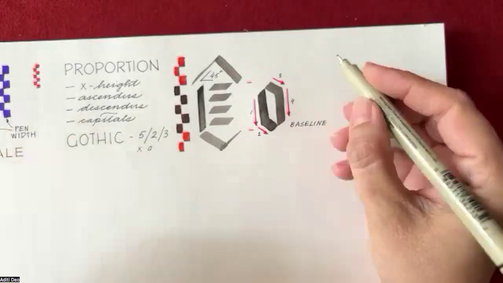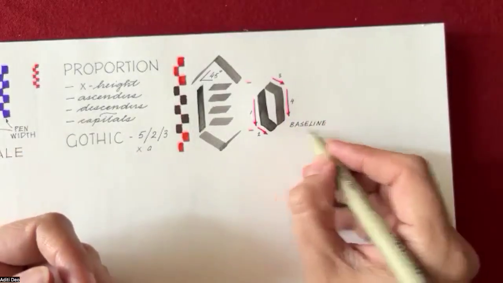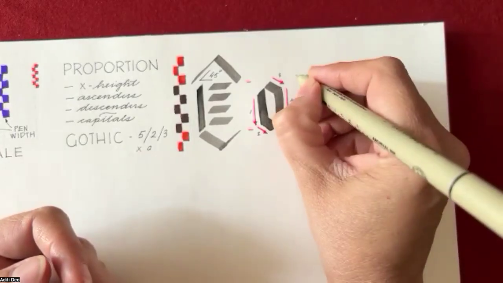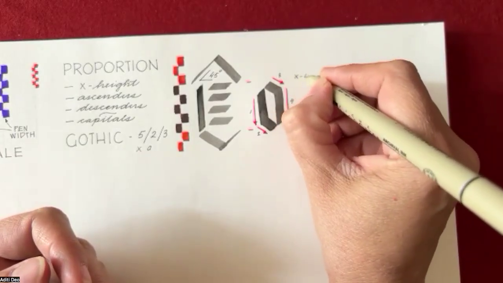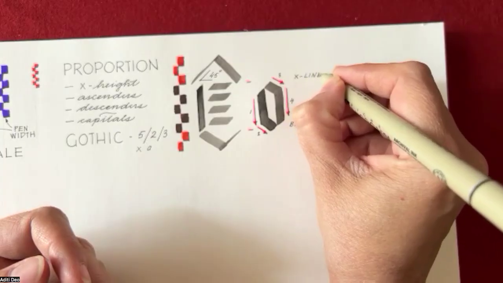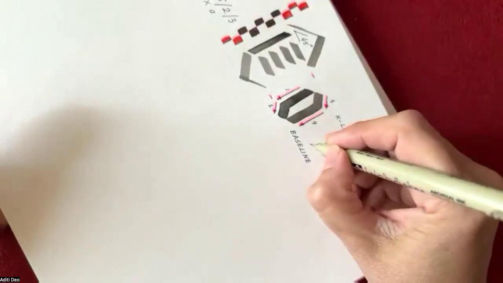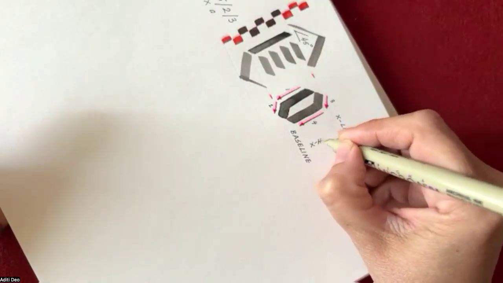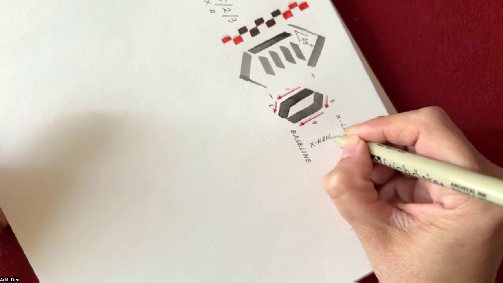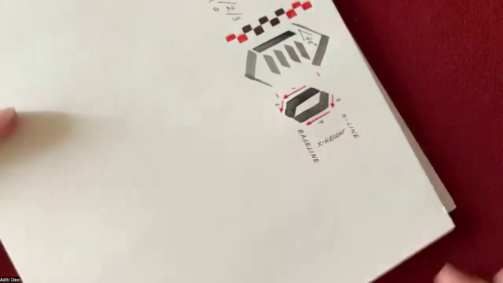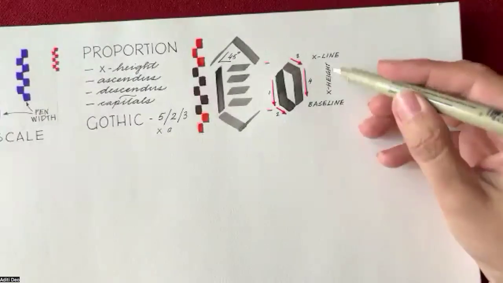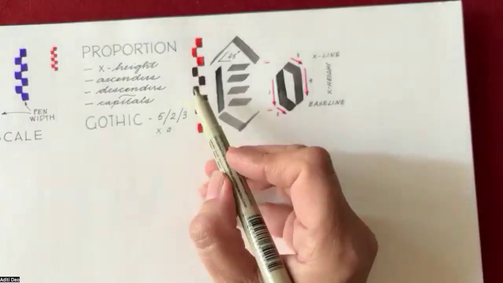The height of the minuscule letters is between the baseline and X line, and that height is called the X height, which is measured in terms of pen widths. So the X height is measured in terms of pen width.